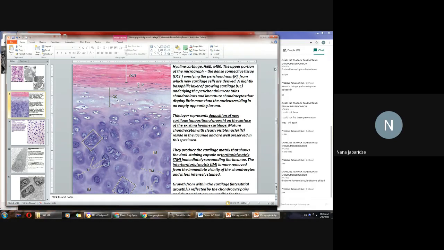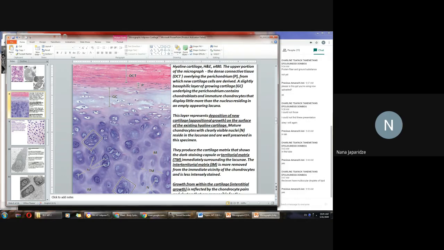So what is the difference between these tissues? Look, this is dense connective tissue. This is growing cartilage. And between this dense connective tissue and growing cartilage is perichondrium.